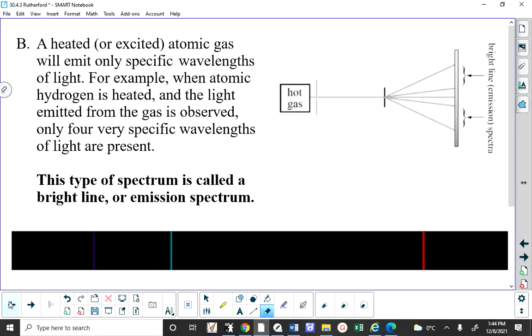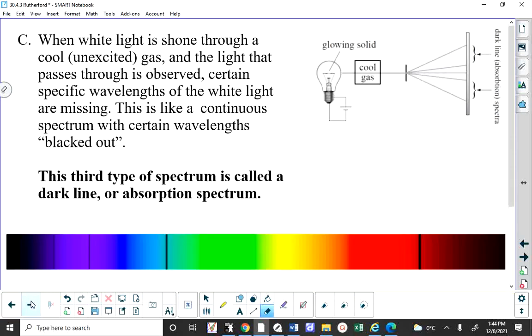Hydrogen, for some reason, is only ever capable of emitting these particular wavelengths of light. There are certain, this is just an analogy, there are certain holes in hydrogen where these things can leave. And they are the same holes that will allow them to come back in.